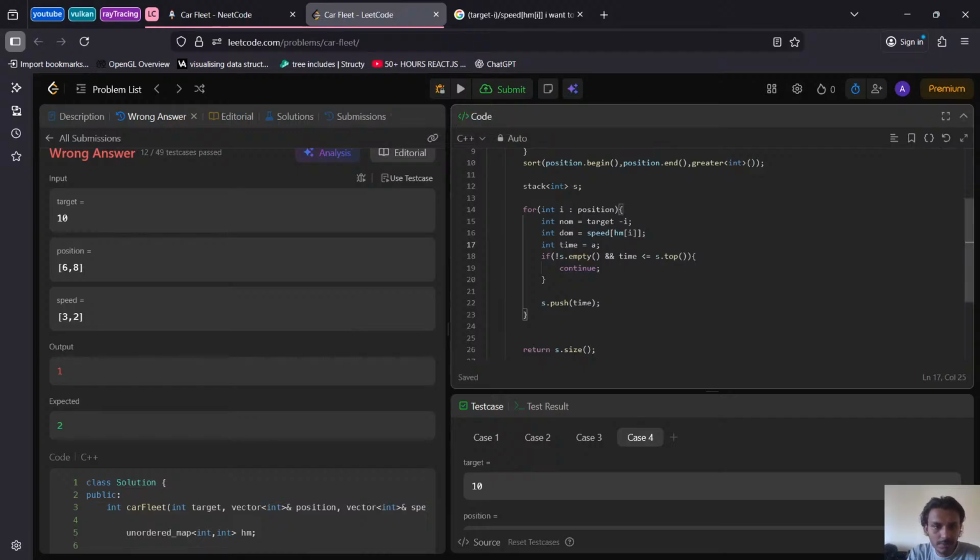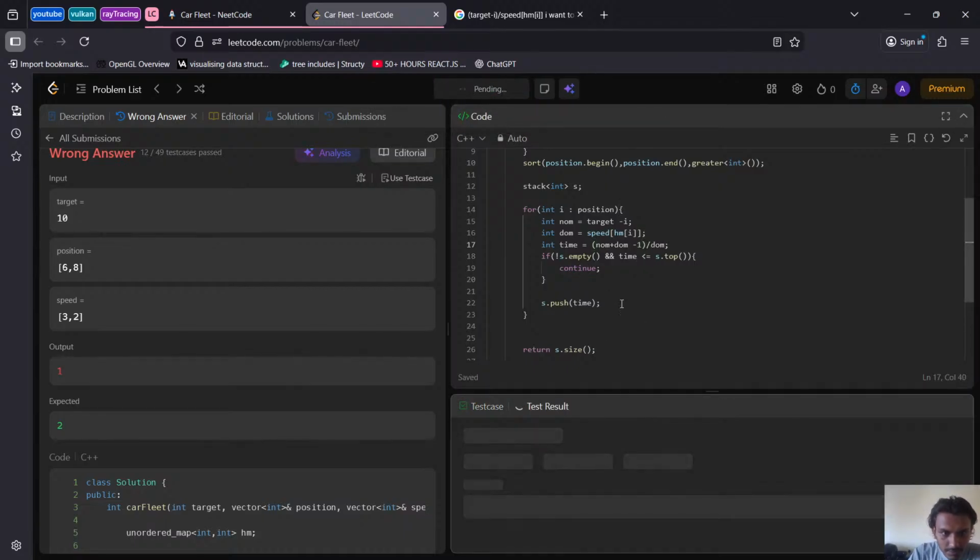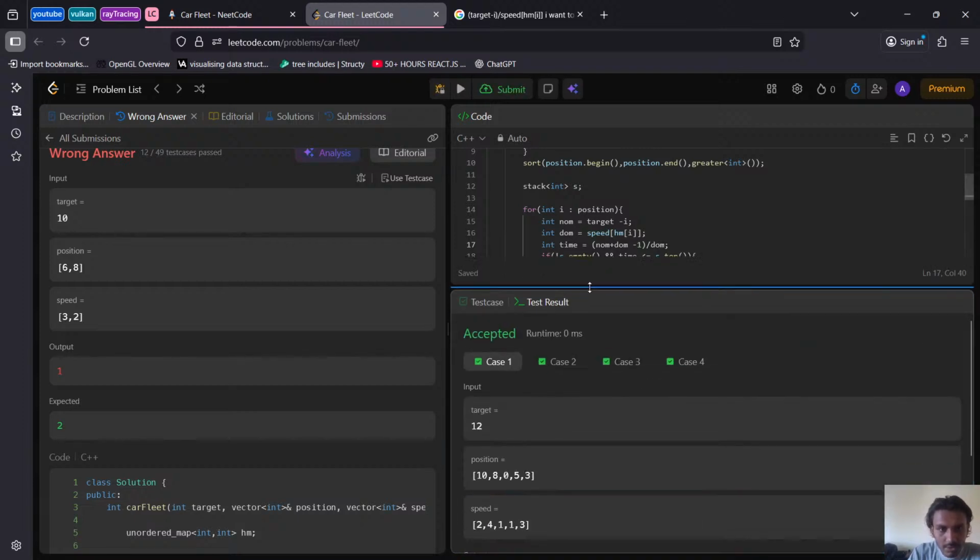So nominator plus denominator minus 1, divided by denominator. Let's run this again. And now we are getting the upper bound.